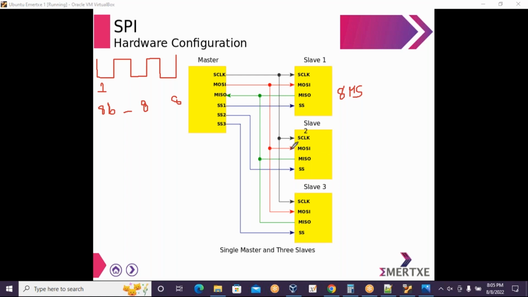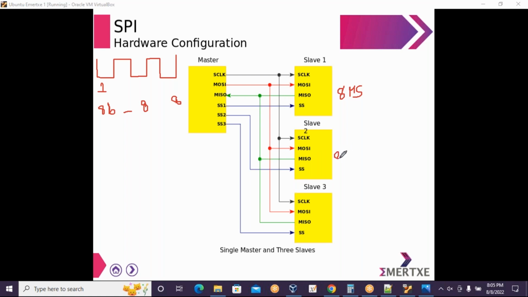What about slave 2? In this normal configuration, there's a master who wants to transmit 8 bits of data to slave 2 this time. How much duration do you think it takes for transmission of the data from master to slave 2? I want to transmit the same 8 bits of data, this time to slave 2.